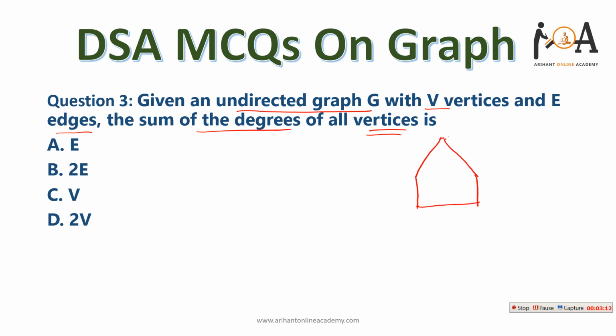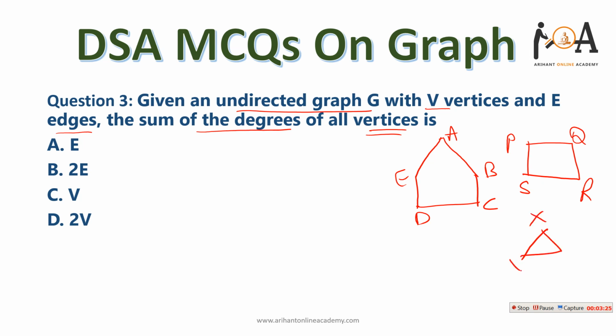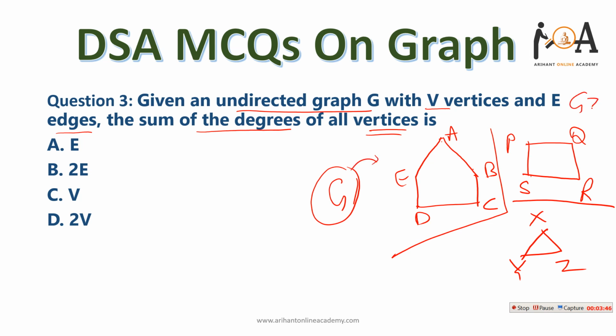Suppose it is a graph A, B, C, D, E, or an undirected graph P, Q, R, S, or an undirected graph named X, Y, Z. They are all undirected graphs, meaning I can go from A to B, and I can also go from B to A. Similarly here I can go from P to S, S to P. From any vertex to any vertex I can go, right? So this is a separate graph, this is a separate graph, and this is a separate graph. Suppose this is graph 1, this is graph 2, and this is graph 3.